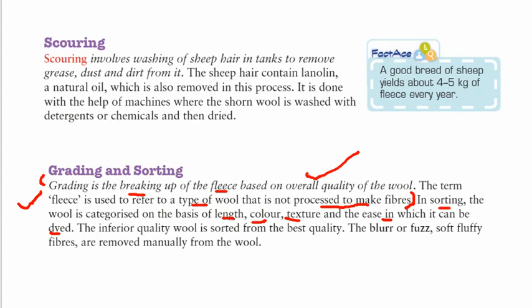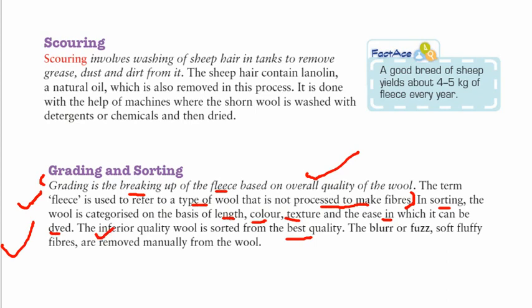So basically this is the sorting method. We already always sort out the vegetables that we buy from the market. And the inferior quality wool is sorted from the best quality.